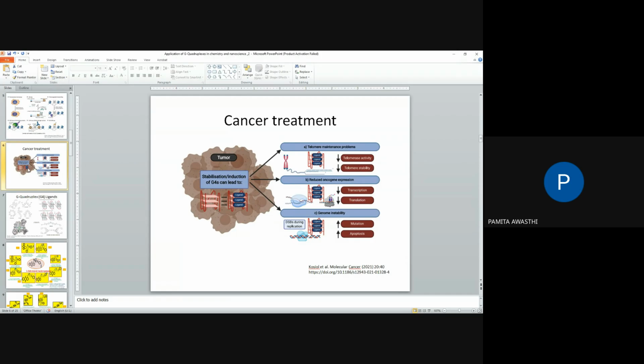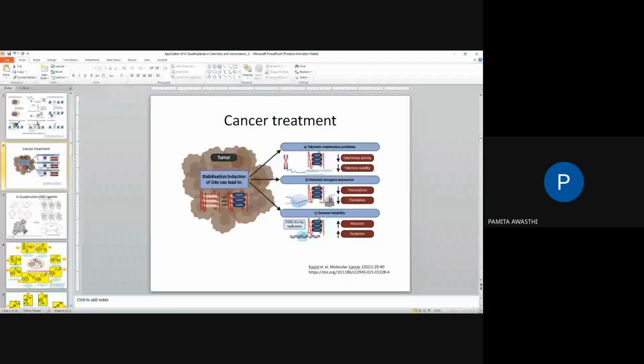Further, the next question arises: how do we relate it to cancer? Experimental studies provide proof of an increase in G4 structure in the cancer cell in comparison to the normal, healthy state of the cell.